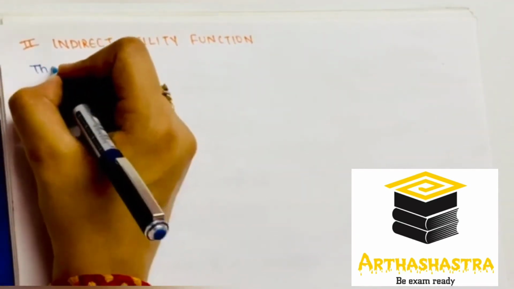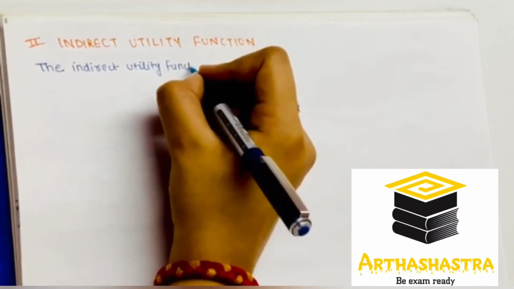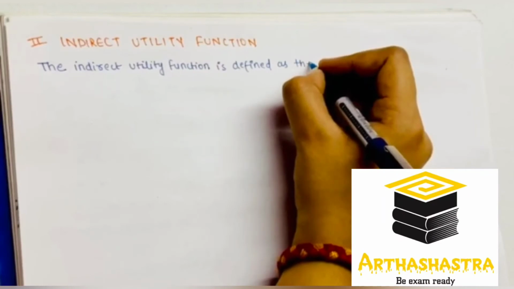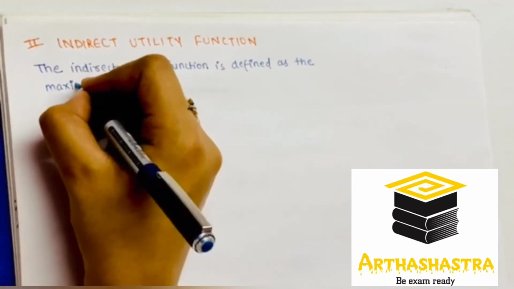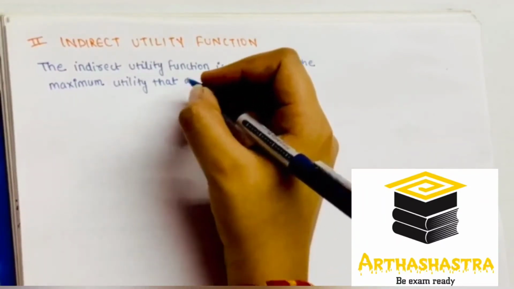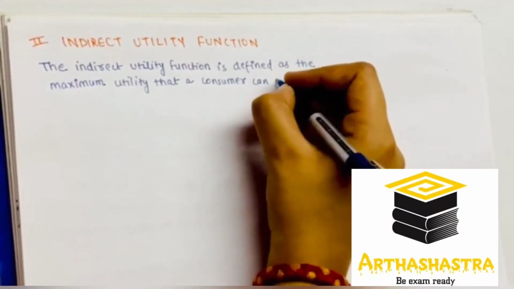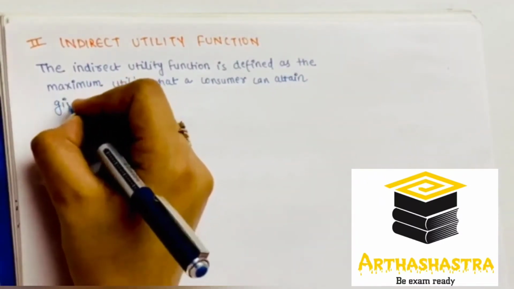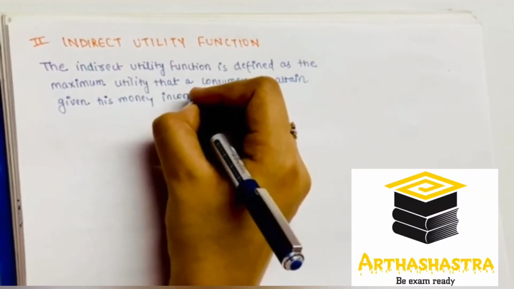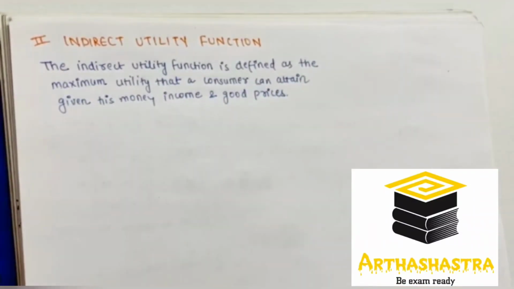The indirect utility function is defined as the maximum utility that a consumer can attain given his money income and good prices. See, it's a numerical question.